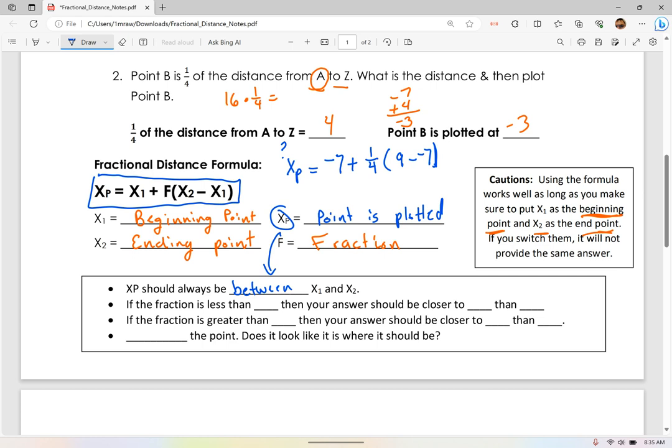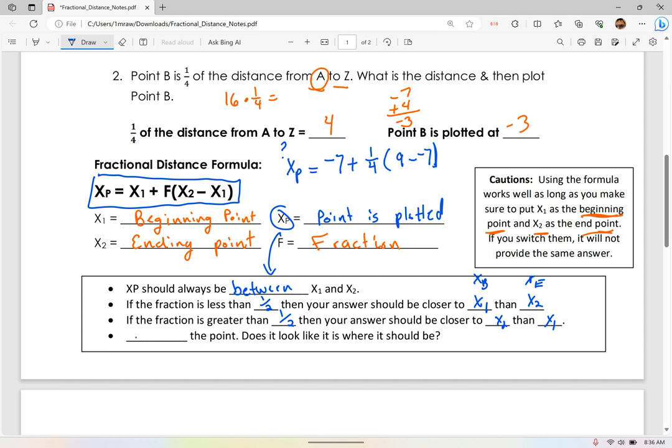If the fraction is less than 1/2, then your answer should be closer to xb, or x1 than x2. If the fraction is greater than 1/2, then your answer should be closer to x2 than it is to x1. Now remember, some people might call this xb and xe for beginning and ending point. So just in case you know, 1 is the beginning, 2 is the ending. That's how it works. Okay.